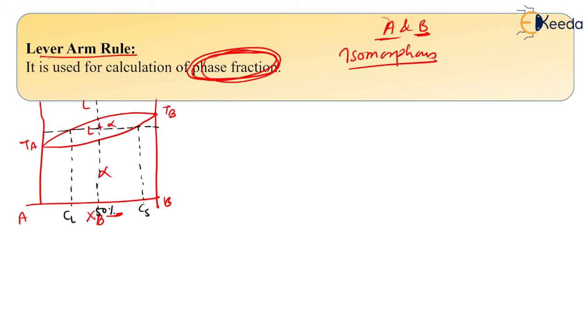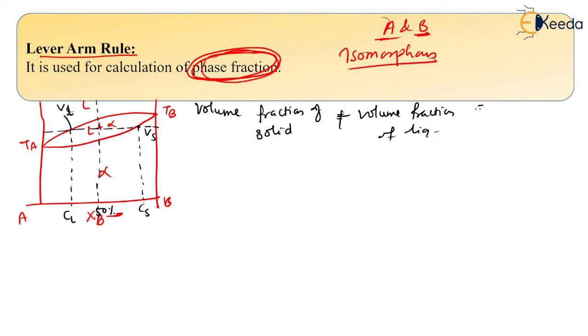Here I can have the volume fraction in the liquid, Vl, and here the volume fraction in the solid, Vs. The summation of these two will be 1 only. That is, the volume fraction of solid plus the volume fraction of liquid must be equal to 1.